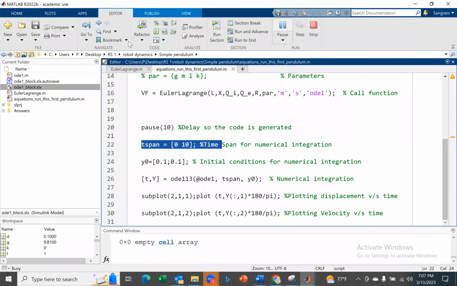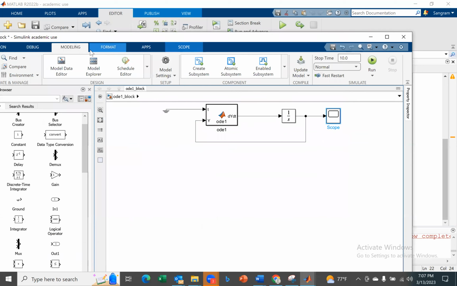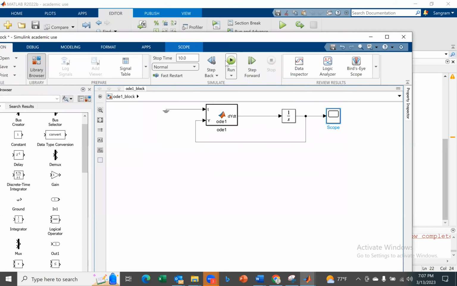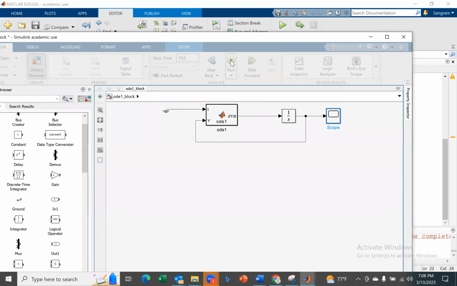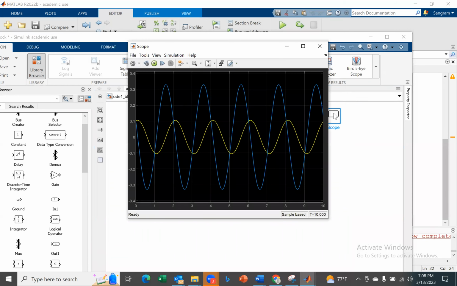Oops, I made a mistake. Hopefully you can go to simulation, and then hopefully you will get the solution much smoother. So please try, and then you will get the solution much smoother.